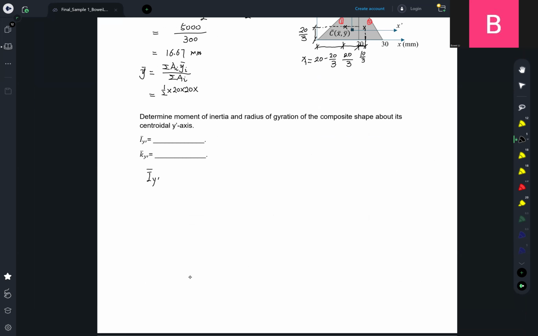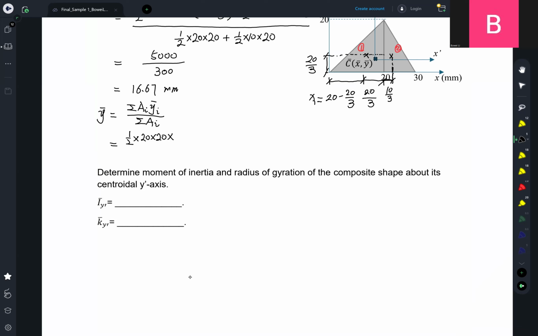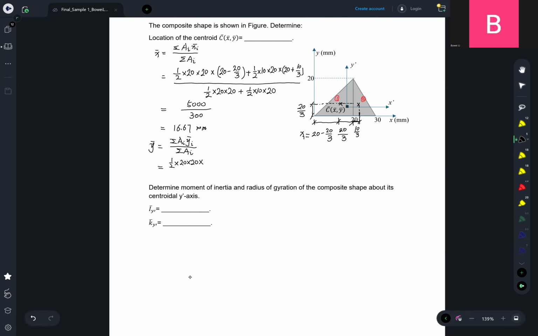So always, for the contents that we covered in the last one third of our semester, it is always important to realize what the correct formula to use is. So here we are supposed to find the moment of inertia of an area about an axis, right?